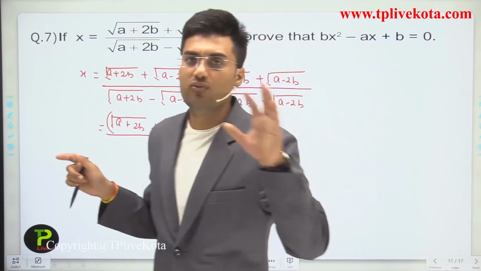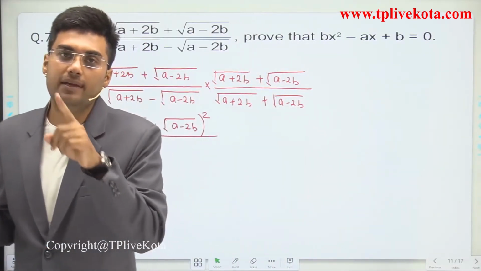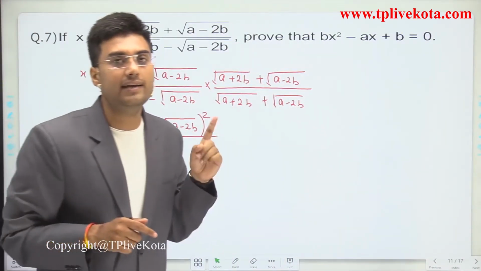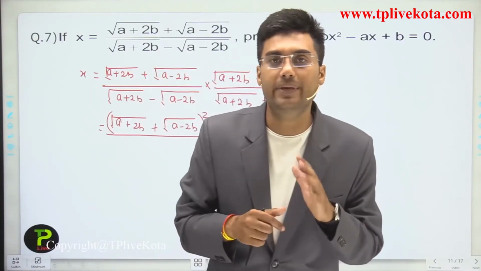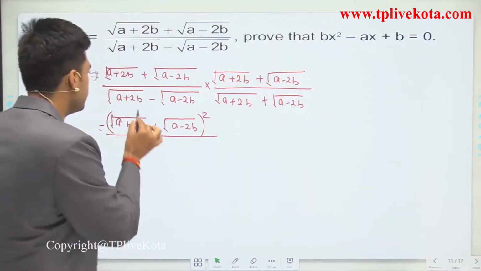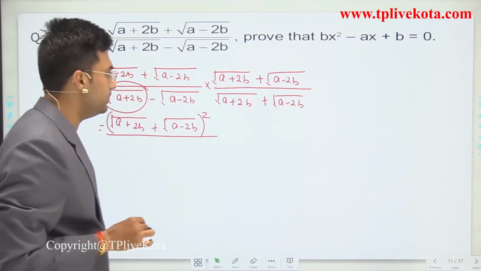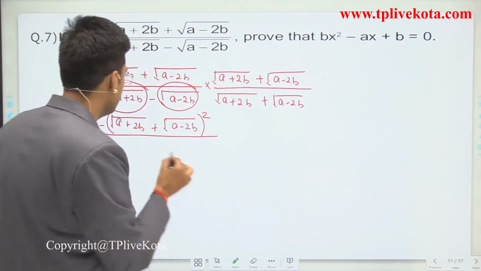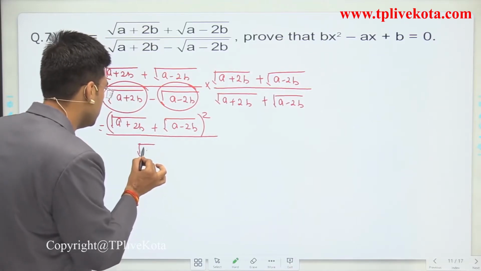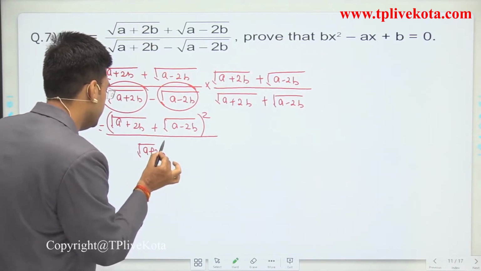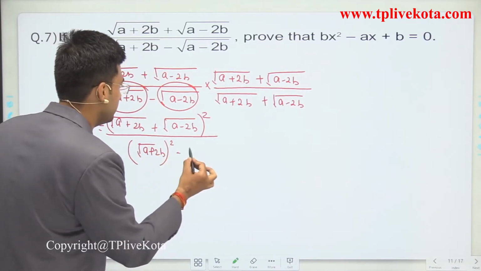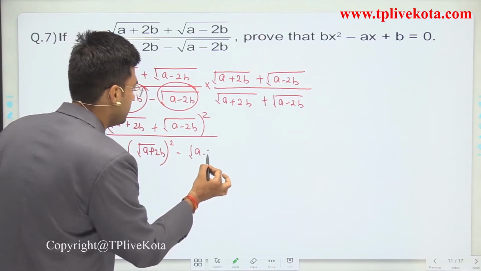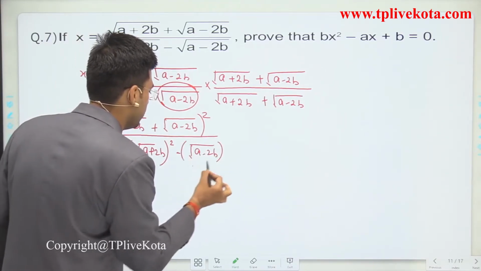So it is of the form a plus b multiplied by a minus b, so we can write it as a square minus b square, and a is this complete term root a plus 2b, and b is the complete root a minus 2b. So we can write it as root a plus 2b whole square minus root a minus 2b whole square.